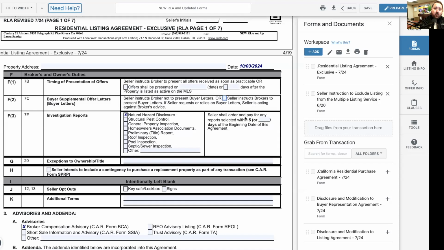So yes, it may weed out buyers, but instead of us waiting until we've been on the market already for 15, 20, 30 days, getting an offer, then going to the city and ordering that inspection report, then waiting for that inspection report to come back, then sending it to the buyers, right?